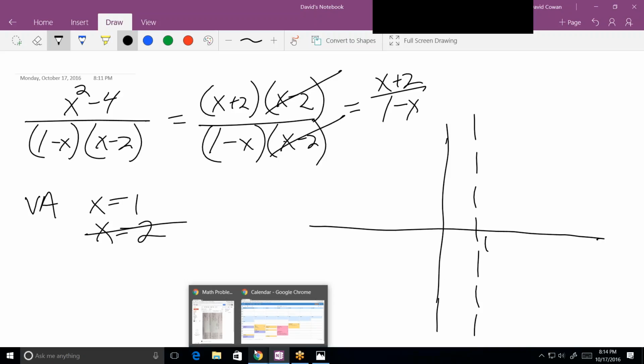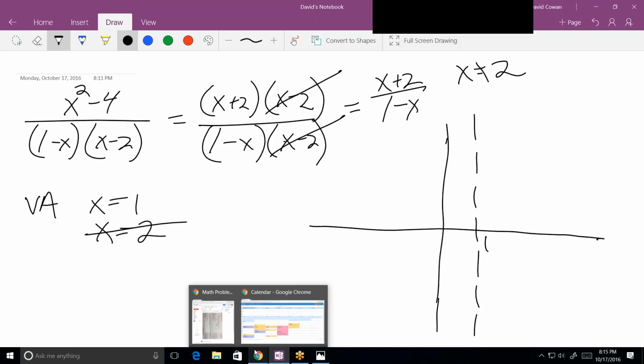The only domain restriction on this is x can't be 1. But the domain restriction still follows it as a whole. X cannot be equal to 2. So whatever my final graph looks like, I'm going to put a hole at x equals 2 instead of a vertical asymptote. And that's the way all of these work.